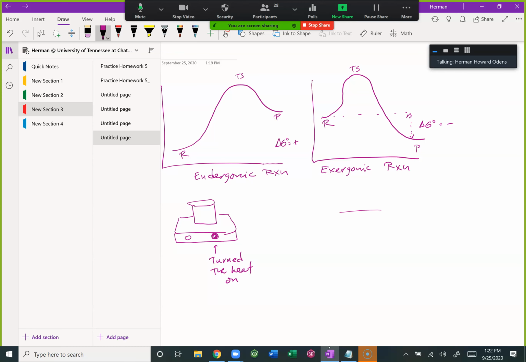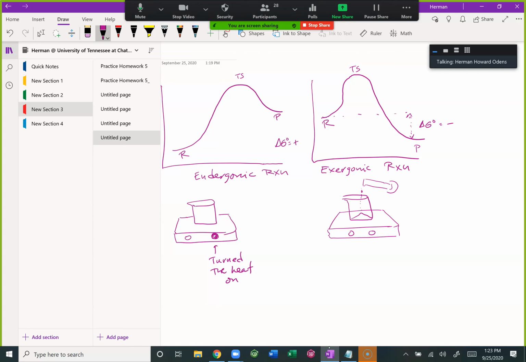But say for example you have sodium hydroxide, and you know that sodium hydroxide gets warm when it hits water. So here's your sodium hydroxide, and you are going to carefully pour a little bit of water to it, or an acid, and then you're going to have an immediate reaction.